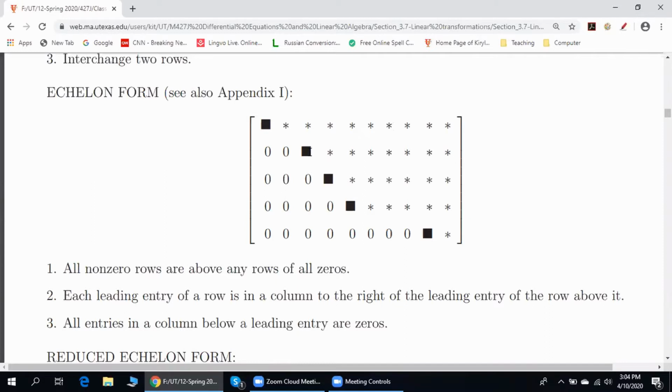Note that this black square is on the right. Row number 2 and row number 3. Note that this black square is on the right. Row number 3 and row number 4. Same. Row number 4 and row number 5. This black square is on the right. Next, beneath and to the left of each black square, we have zeros.